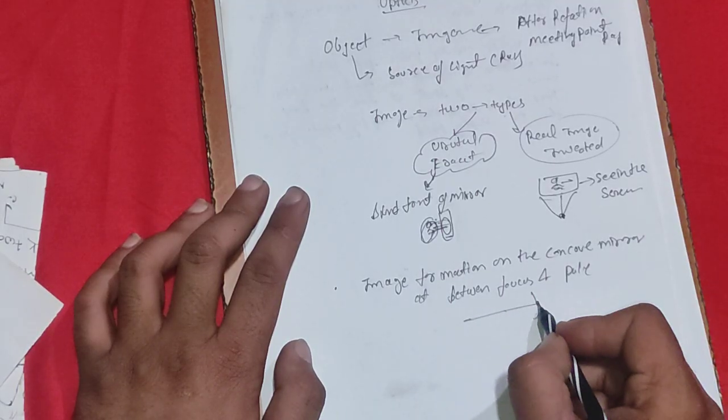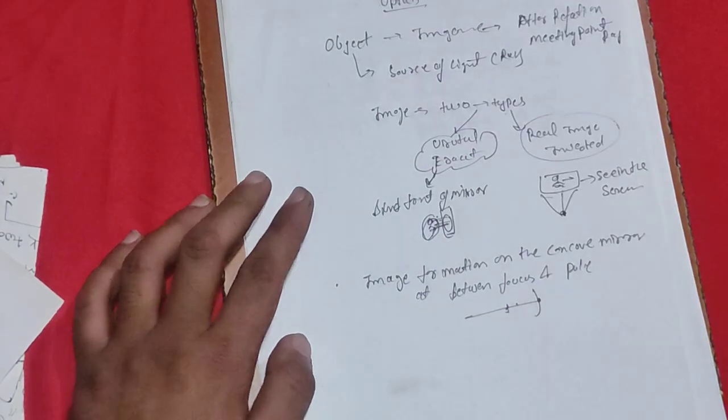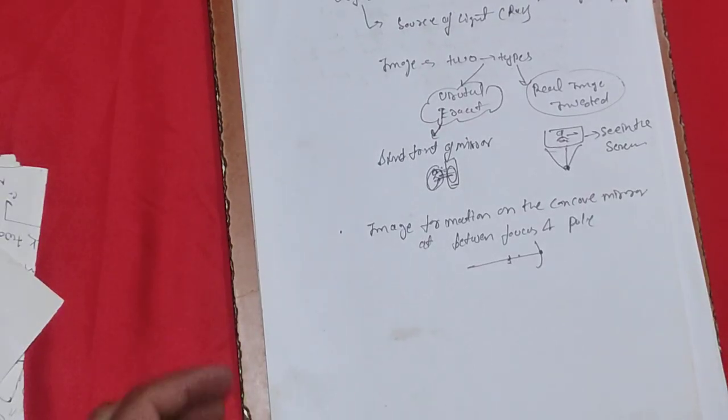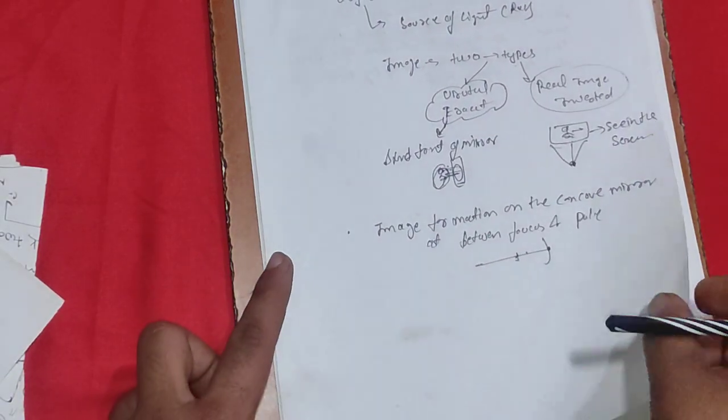This is the pole, this is the focus. Let's explain. Now I use a different piece of paper.